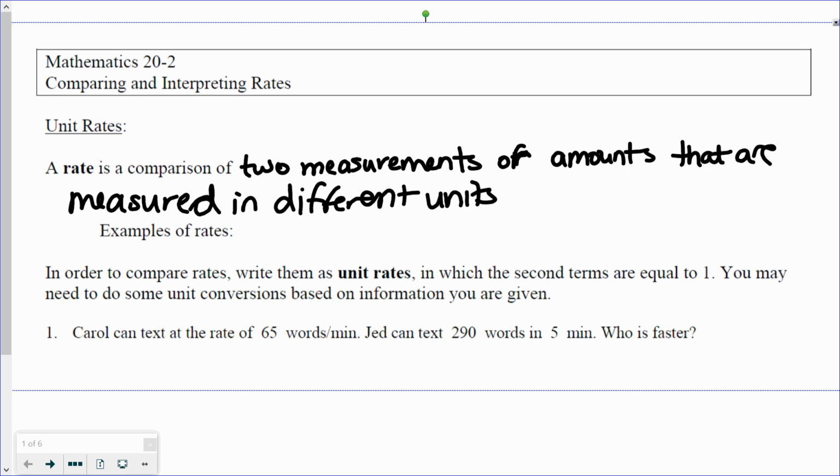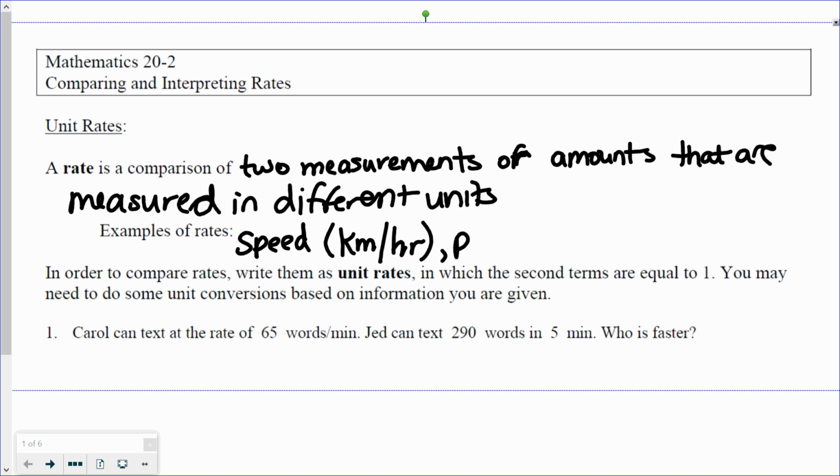So some examples of rates are something like speed. So speed is a rate, and what it is a comparison of is something like kilometers per hour. So it's comparing two different things. It's comparing a distance in kilometers and hours in minutes. So it's saying how many kilometers can you travel per 1 hour?